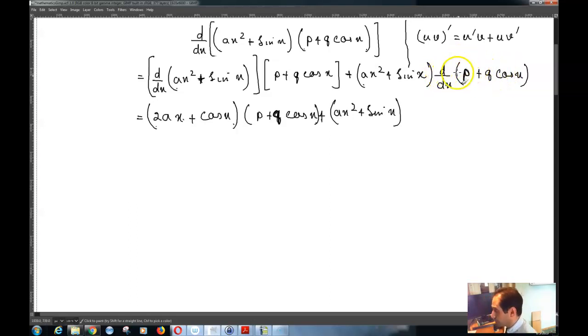So the derivative of p is 0, then the derivative of q times cos x is negative q sin x. So I don't know if they have simplified this. Number 24: negative q times sin x times ax squared plus sin x, plus 2ax plus cos x times p plus q times cos x. That's your answer. There is no point in simplifying it.